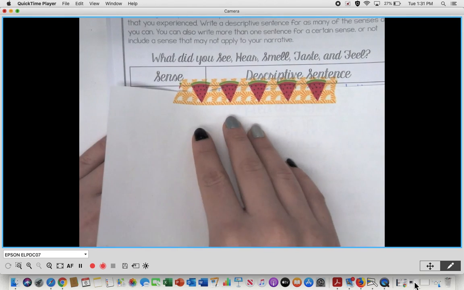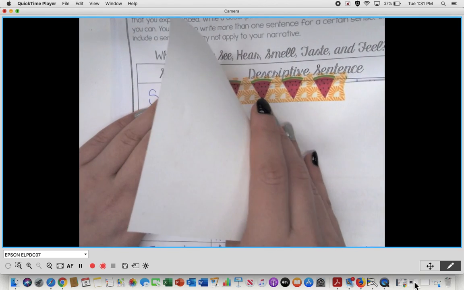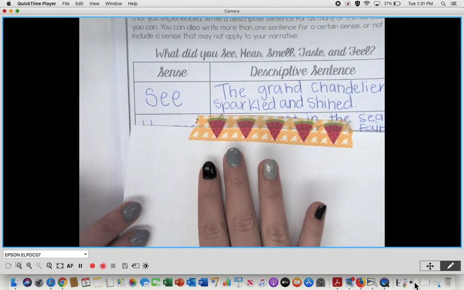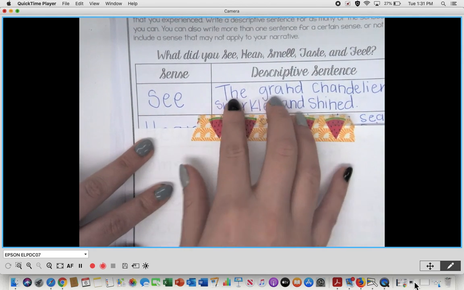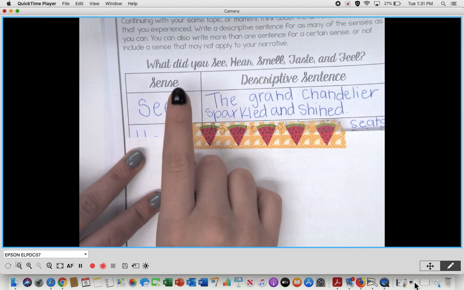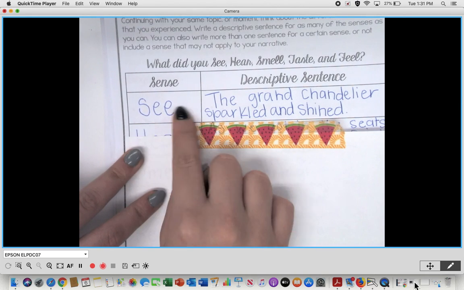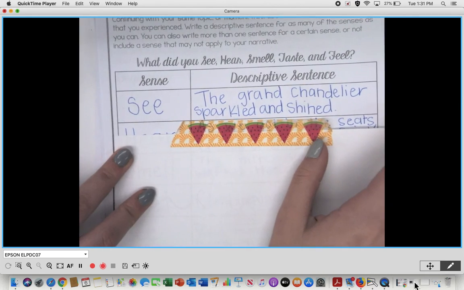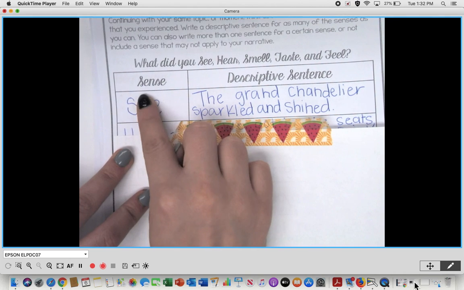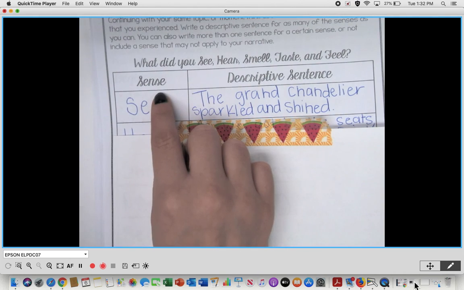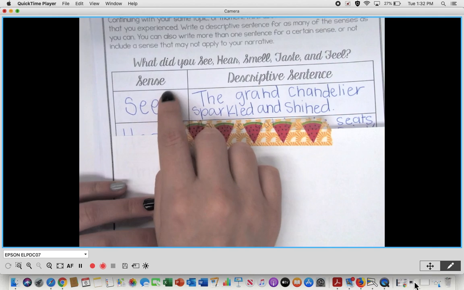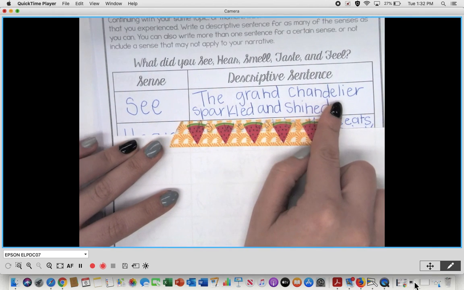So we are going to go ahead. I am going to show you my first sense that I went ahead and talked about. My first sense I chose was sight, or I wrote see because that's what they said here. So my first sense of sight, meaning the things that I saw or that you see, I wrote a descriptive sentence.